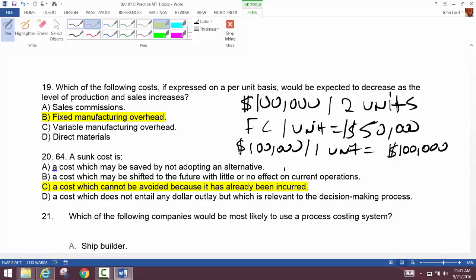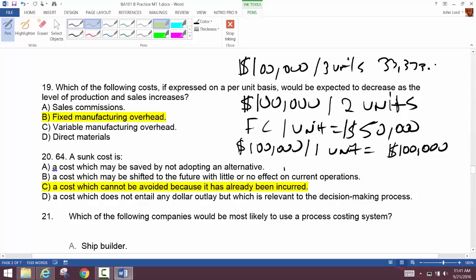If I had been producing 3 units, then my fixed cost per unit would have been $33,333 and 33 cents or something like that, right?